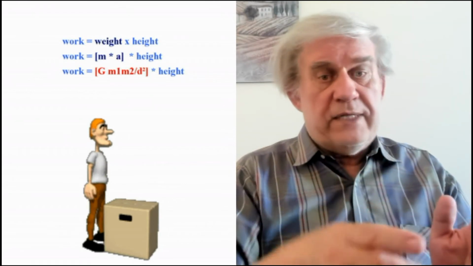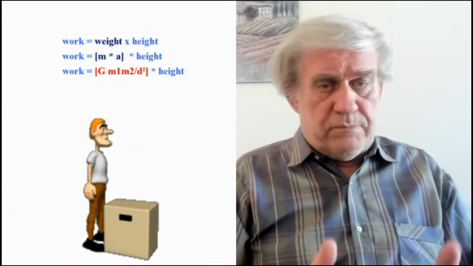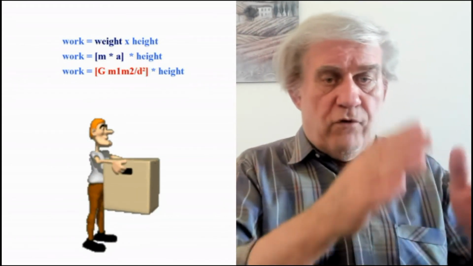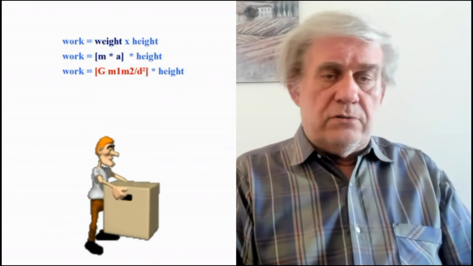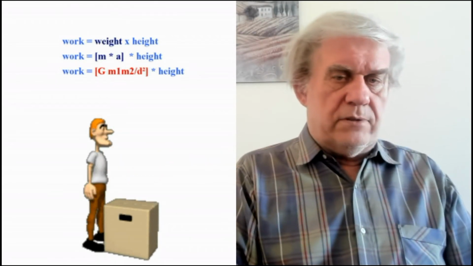What is height? Well, that's the distance traveled. That's the displacement. In this case, it's a vertical displacement. Okay. So we have work. In this case, it's no longer sideways like it was before. Force equals mass times acceleration. Now we're supposed to use really Newton's gravitational law. Right? You would think, because it's more applicable to what we're doing here.